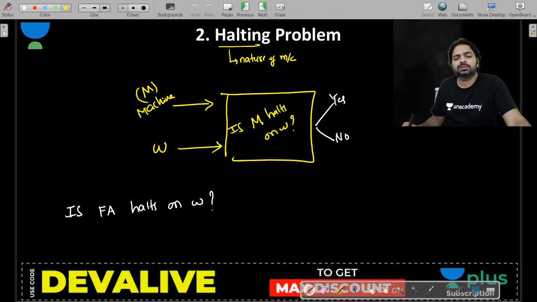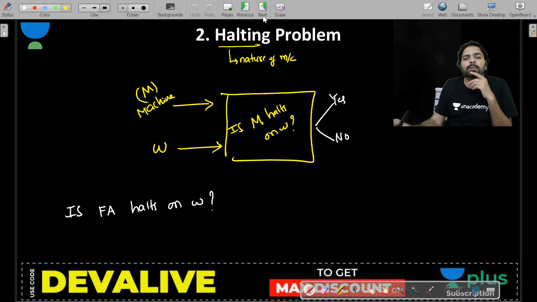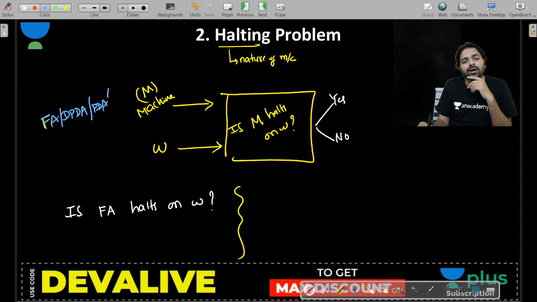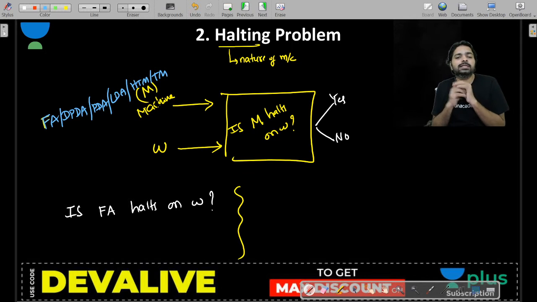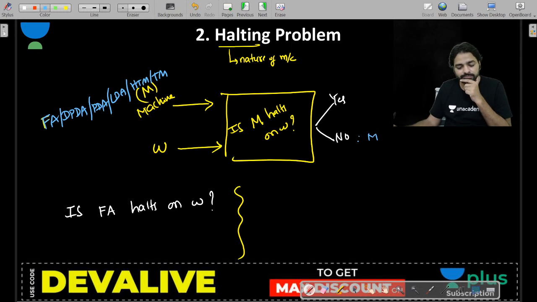Now, this halting problem I can extend to other problems too. This machine can be a finite automata, a DPDA, a PDA, an LBA, an HTM, or a TM. For all of them, this problem is applicable. No means M does not halt, and yes means M halts.